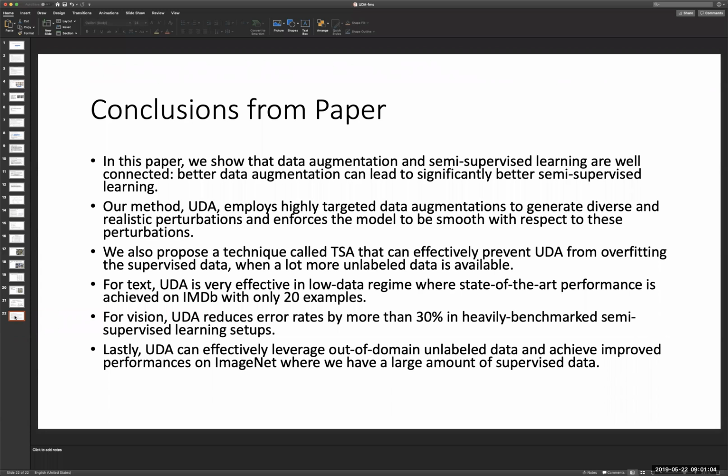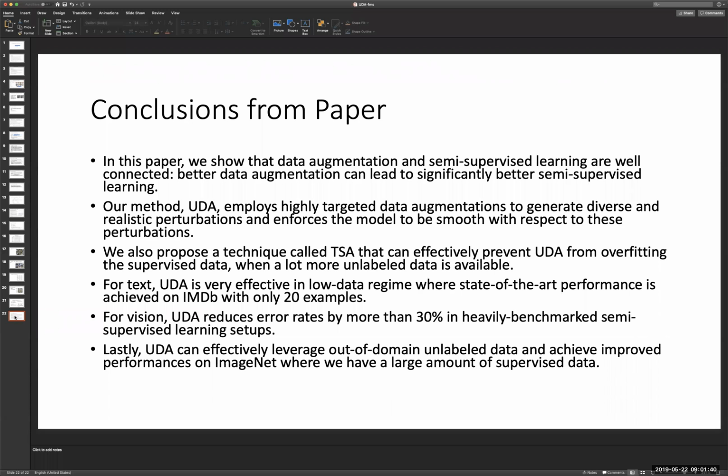Point number 2, our method, UDA, employs highly targeted data augmentations to generate diverse and realistic perturbations and enforces the model to be smooth with respect to these perturbations. And we also proposed a technique called TSA, and it can effectively prevent UDA from overfitting the supervised data when a lot more unlabeled data is available.